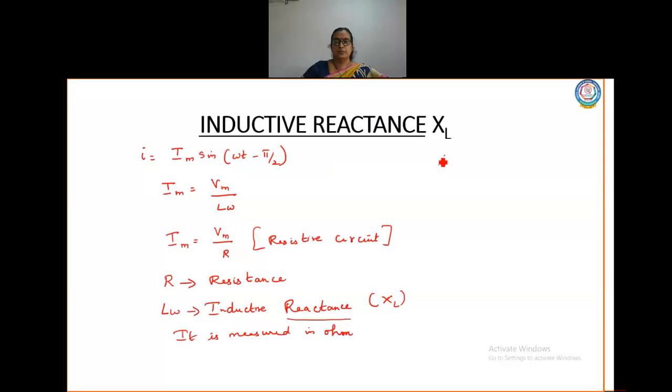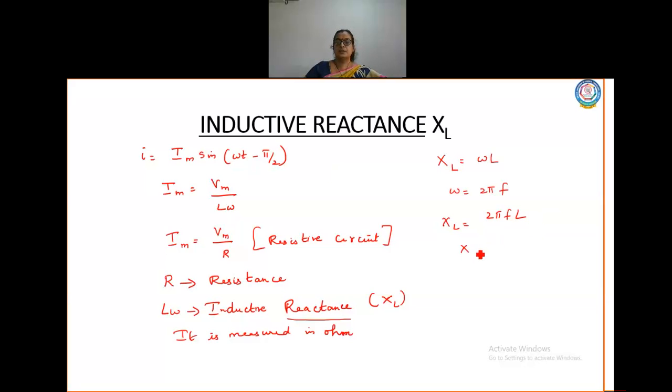Okay, now let us move in detail with this. We have the formula for inductive reactance: XL is equal to omega L. What is this omega? You know the formula for omega, which is angular frequency. The formula for omega is 2 pi f, right? Now substitute: XL becomes 2 pi f into L. Here 2 is a constant, pi is a constant, L is also constant.